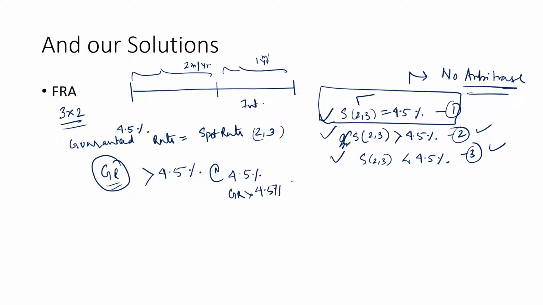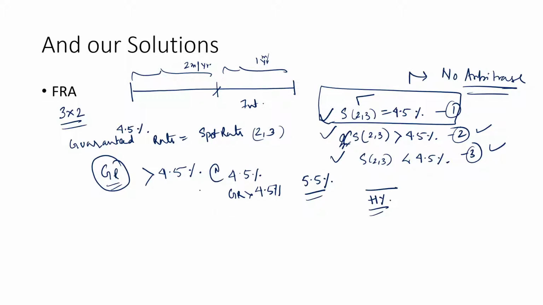For instance, let's say the actual spot rate after the culmination of year 2 comes out to be 5.5% for one period. The one who is paying at 4.5% now stands to benefit, because he or she is going to receive an additional 1%. So the net is that he is going to receive 1%.